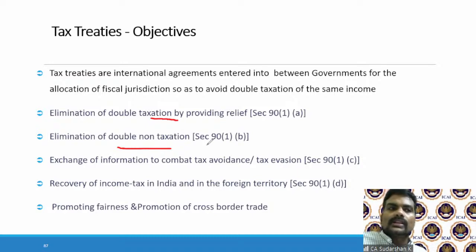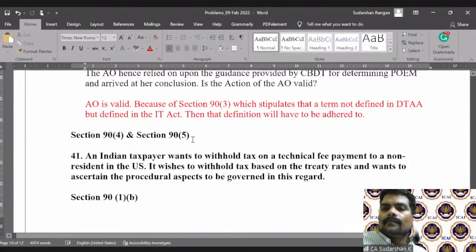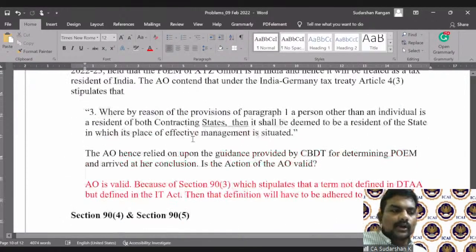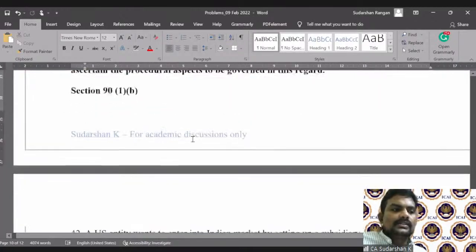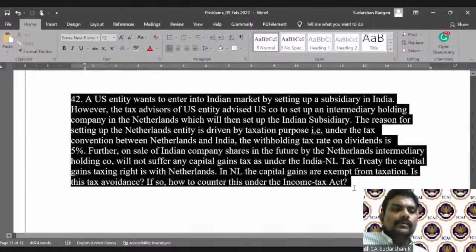So they came out with a multilateral instrument, which basically gives out mechanisms to avoid tax avoidance. What are the ways in which a country can ensure that double non-taxation is stopped or tax evasion is avoided? Now let's take this example for better understanding.